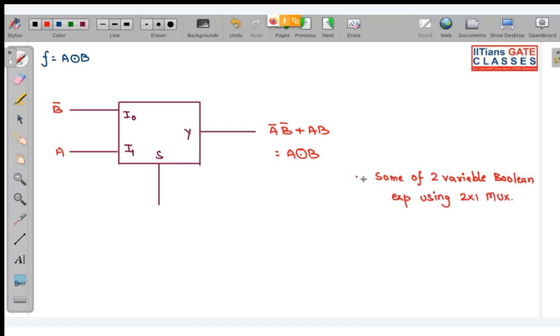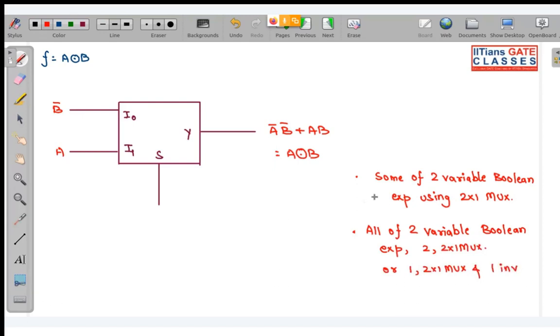But for implementing all of the two variable Boolean expressions, I require a minimum of 2 cross 1 mux, or 1 2 cross 1 mux and 1 inverter.